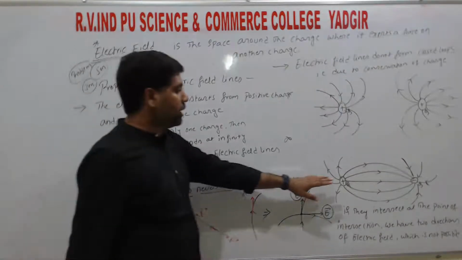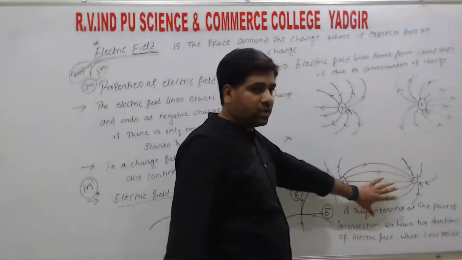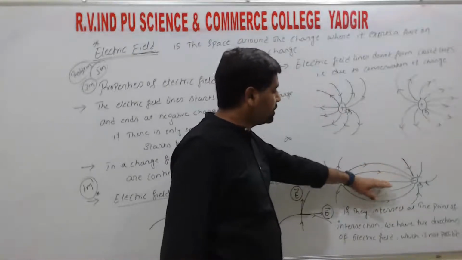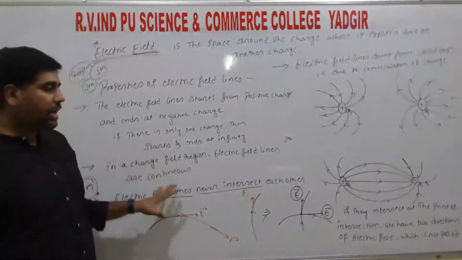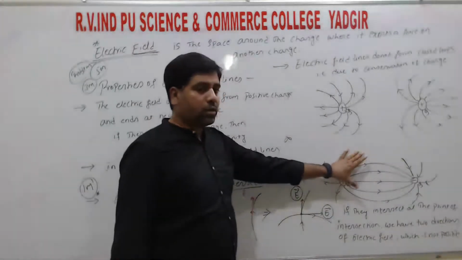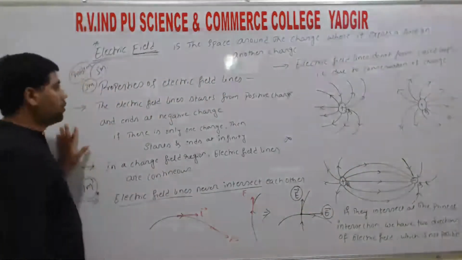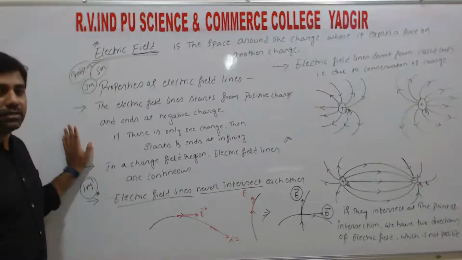These are imaginary, so actually there will be no lines formed like this. For study purposes they considered the lines to be in this form, right? So these are the properties of the electric field lines, right?